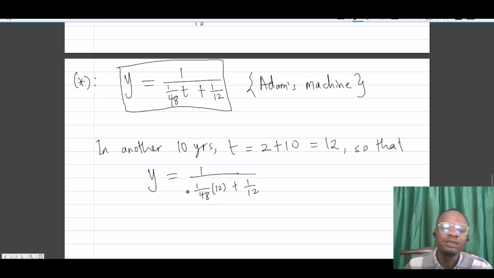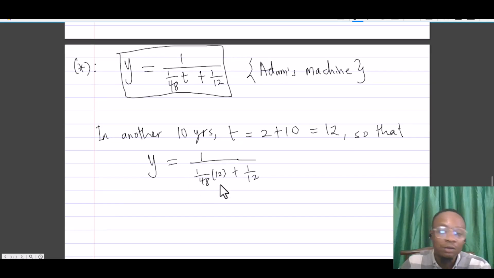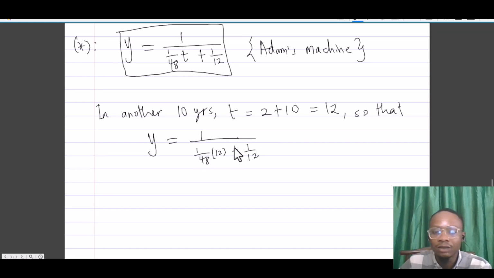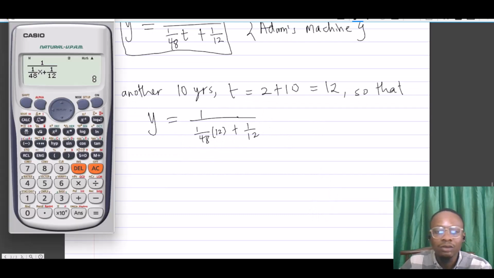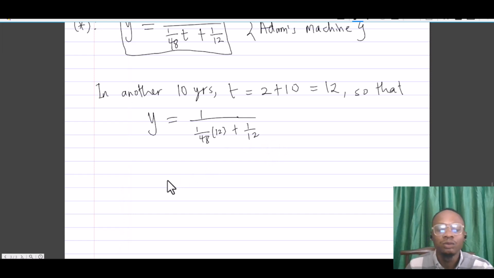We'll just evaluate this. This is 1 over 4 plus 1 over 12, and you can put that in the calculator. Let's calculate what happens when t is equal to 12. So for 12 years, this is going to be equal to 3.